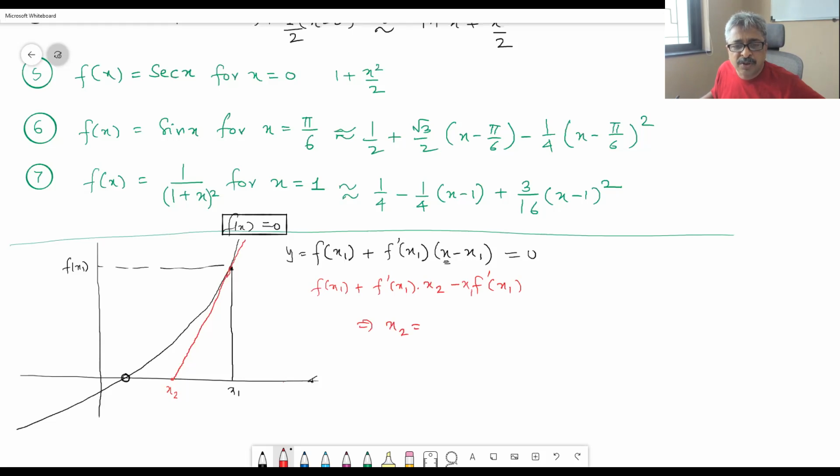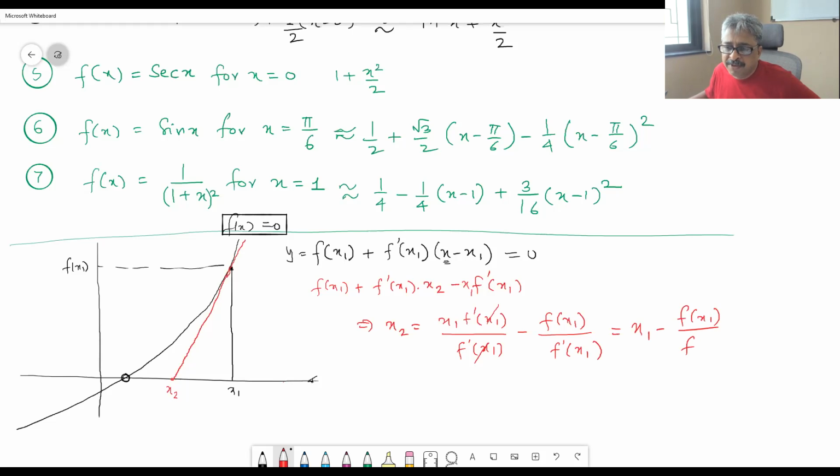Therefore, x2 is equal to x1 f dash of x1 divided by f dash of x1, this goes there, minus f of x1 upon f dash of x1. Check whether I am correct or not. This gets cancelled. Therefore, x1 minus f of x1 upon f dash of x1. That is your x2. So you got this point now.